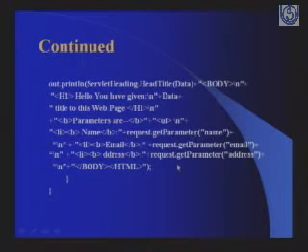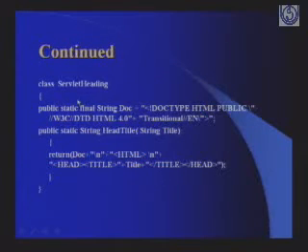So here I have 3 parameters in my HTML form, and I will try to read all these 3 parameters by using get parameter thrice by changing the argument: first I am using name, second email, third address. One by one we will read all these 3 parameters, and then we will call the servlet heading.